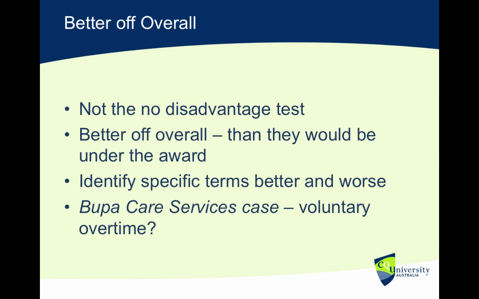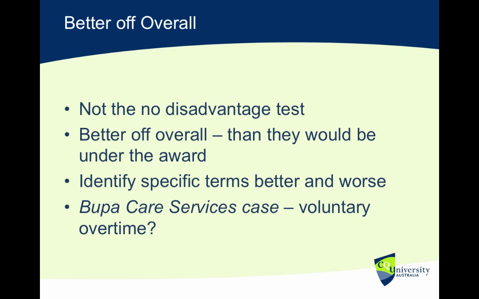So it was more a global or an on-balance test, so that it was possible for an agreement to remove an award entitlement and then give the person something else in return, usually higher wages. Then that test was got away with, so it was eventually possible to remove award entitlements without giving anything back. Now we've moved to the better off overall test.